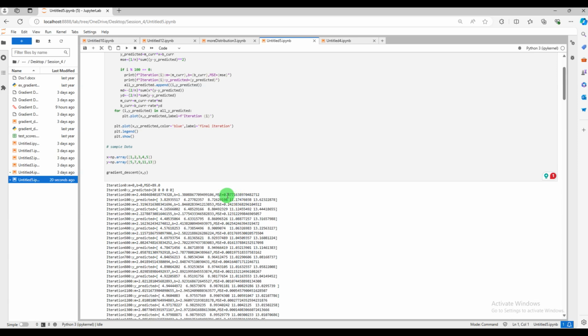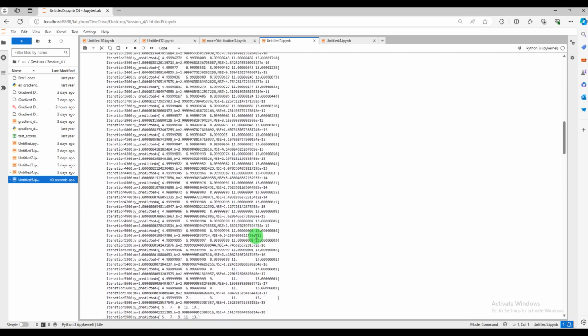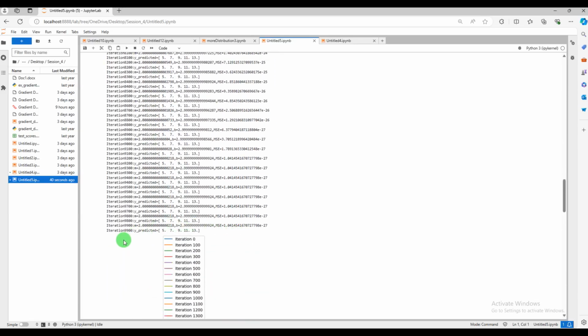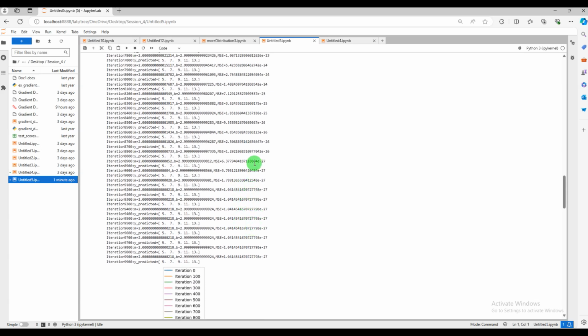For example, at the 100 iteration, the MSE is 0.477, and the next one is 0.24, and until the last iteration you can see MSE is 1.04e-27, and there is no significant difference from 8,900 iteration until the end, but the previous one is 1.29e-26, and then decreases also.